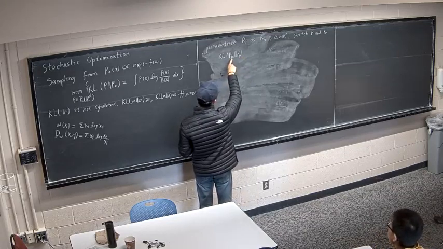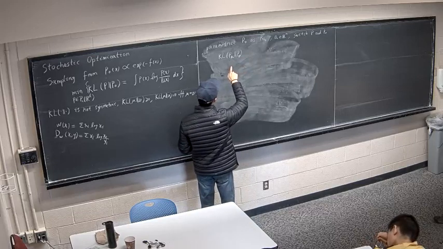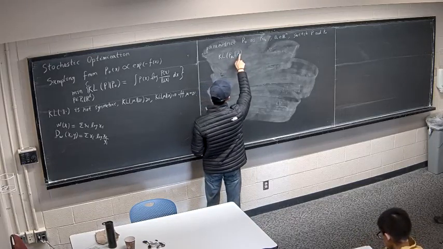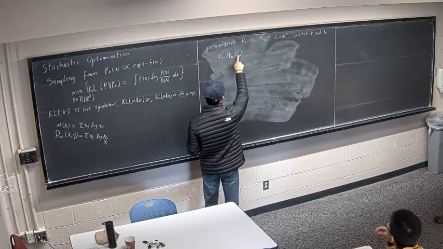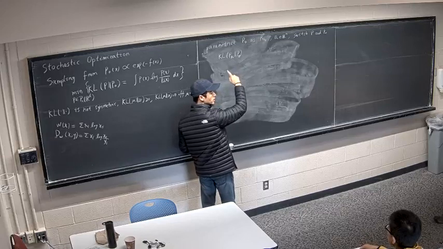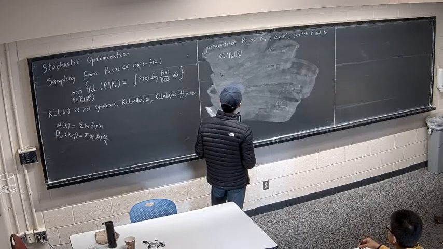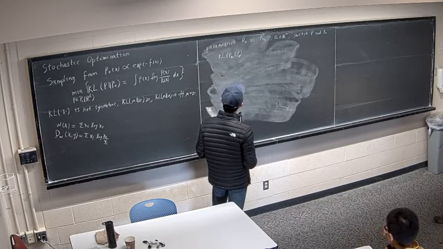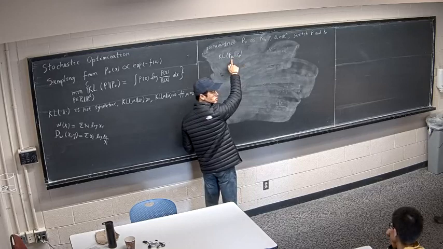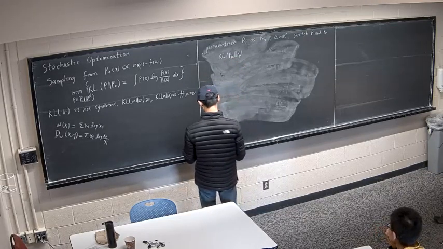So if theta 0, a vector in R^n space, is given, then we can determine P theta 0. The same thing happens to P theta. If theta is given, then you know everything about P theta. You can do sampling and everything, statistical inference on it. Right, so then the problem boils down to determining a vector theta that is close enough to theta 0. So this becomes a finite dimension optimization.